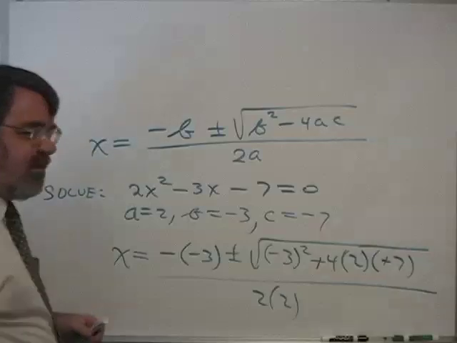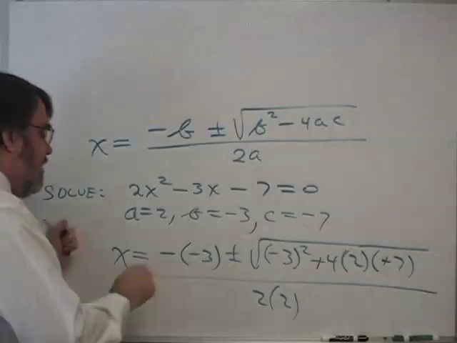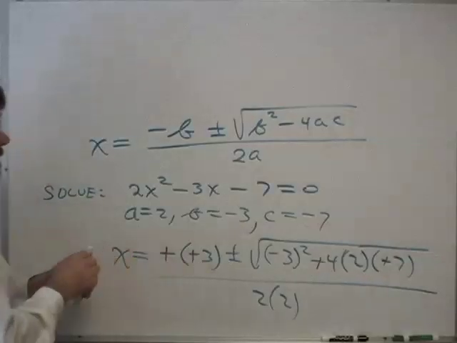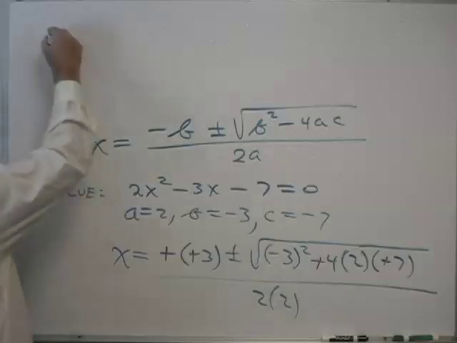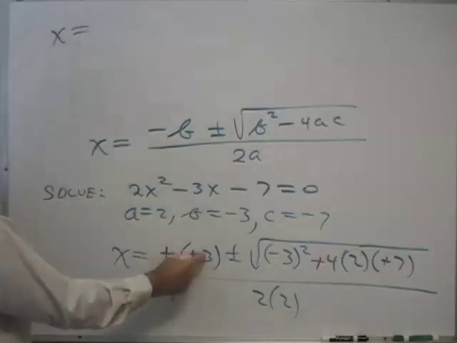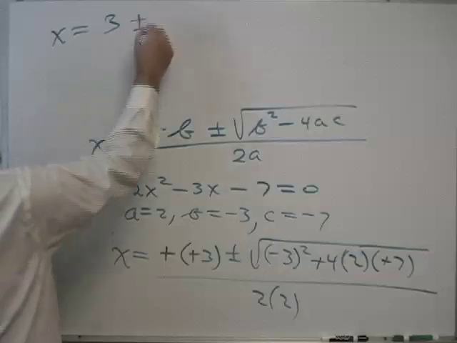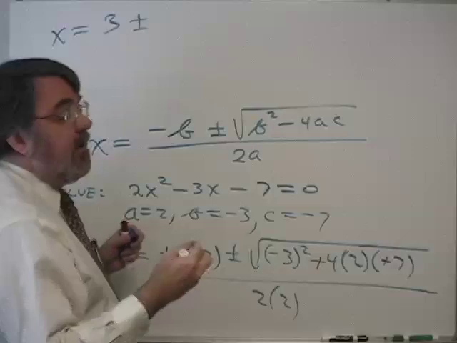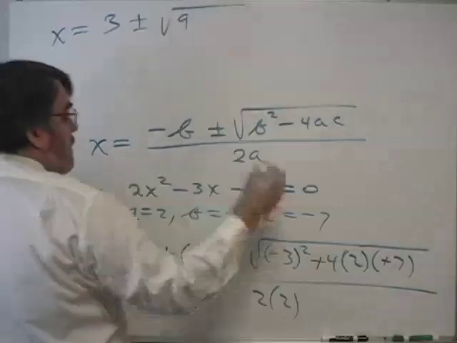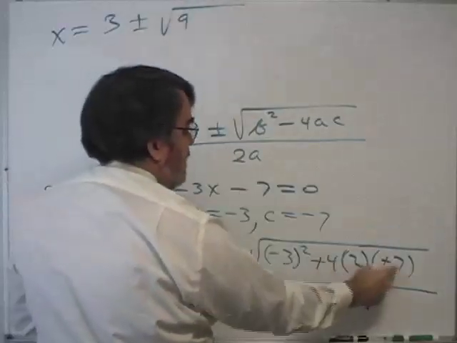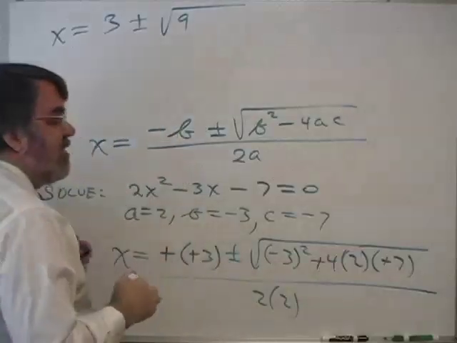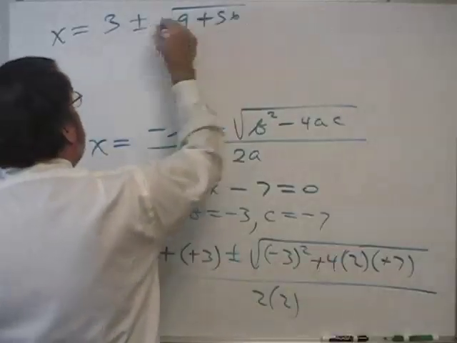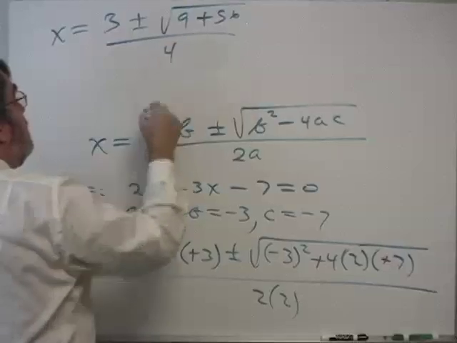Also, the negatives canceling would be over here. Those 2 negatives cancel. So let's see what we got. We have x equals positive 3 plus or minus the square root of 9, positive 9, because we're squaring the negative, and then plus 56, divided by 4.